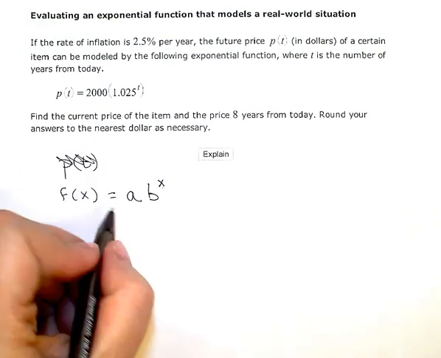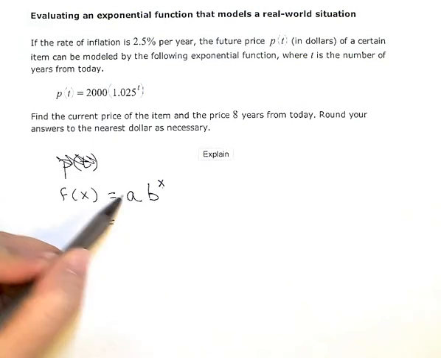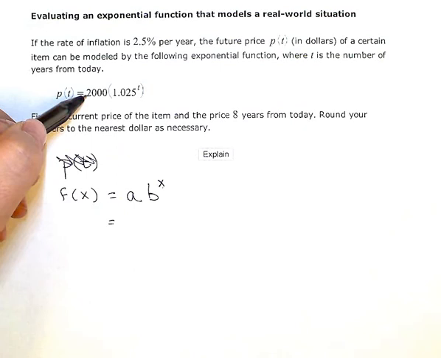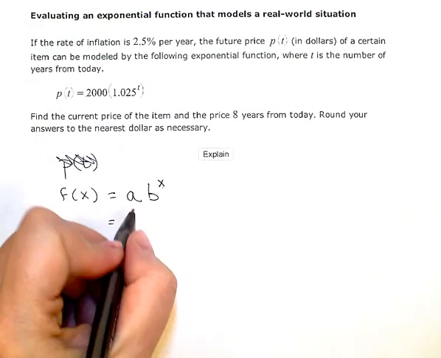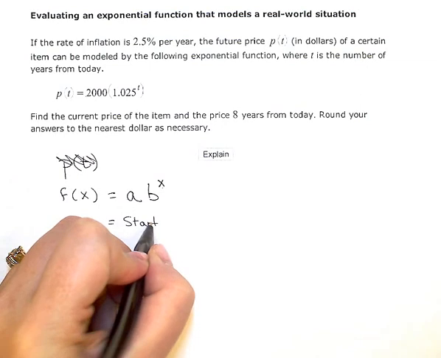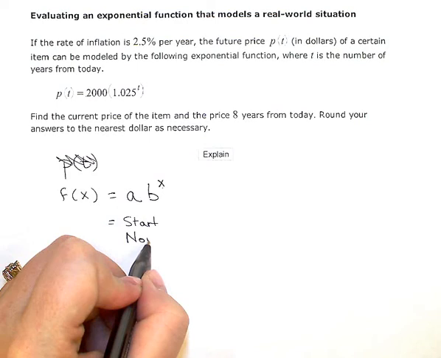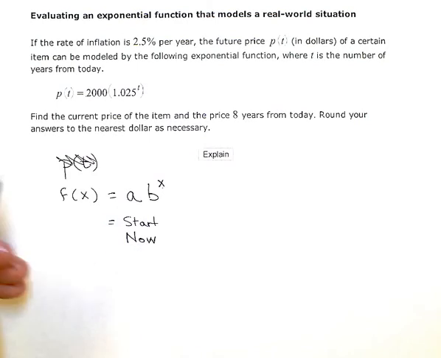And you can kind of think of these two numbers. The a, this first number that you see in your equation, is your start value. Or you could think of it as how much do you have right now, or how much do you have to start.